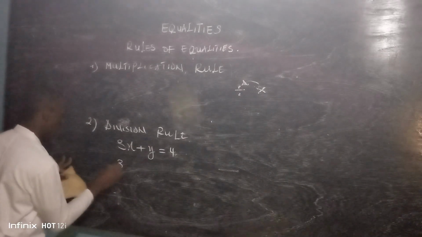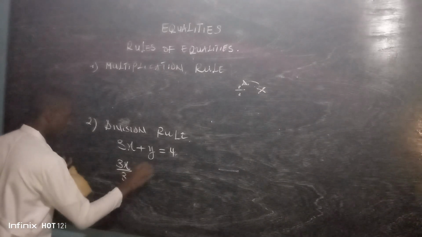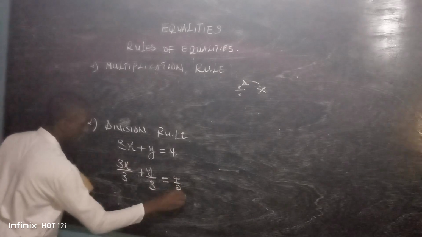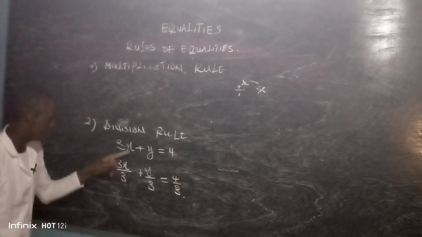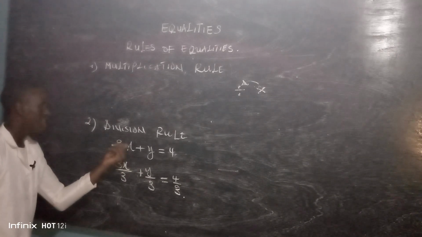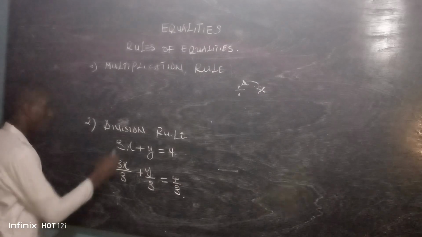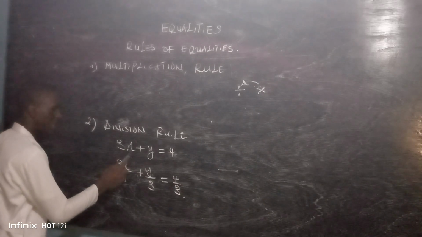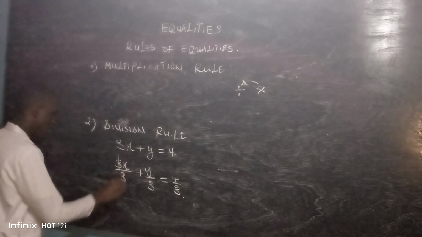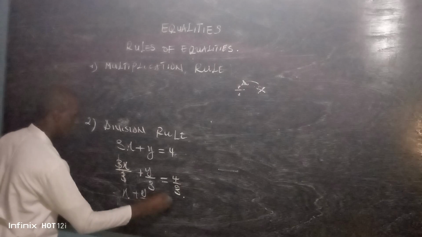So I'm going to divide both sides of the equation all through by 3. Since I want to make x the subject, I just want it to stand alone. So 3 goes with this, giving x plus y over 3 equals 4 on 3.